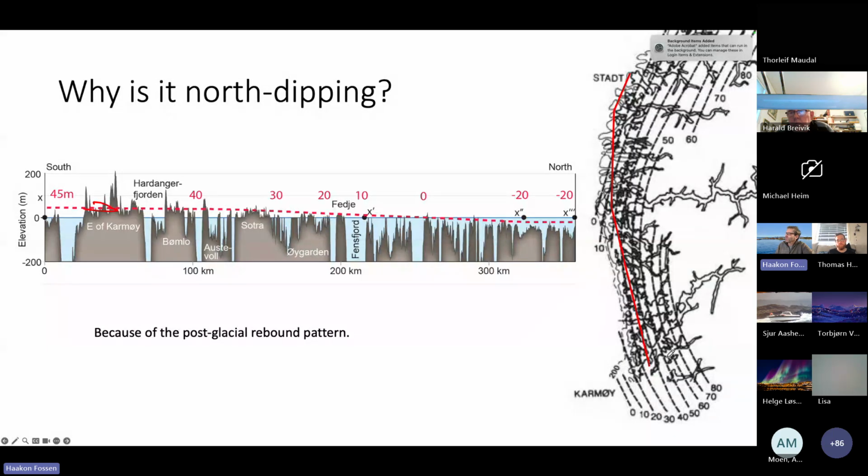And it takes us from 30-40 meters in the south, that's what we have more or less, up to the zero lines here, so it's negative 10 or 20 meters in the north. So it fits actually pretty well. So the differential isostatic readjustment has modified the strandflat and tilted it to the north.